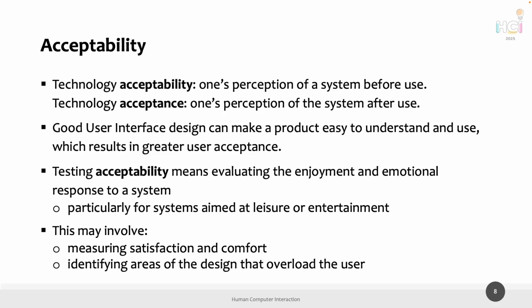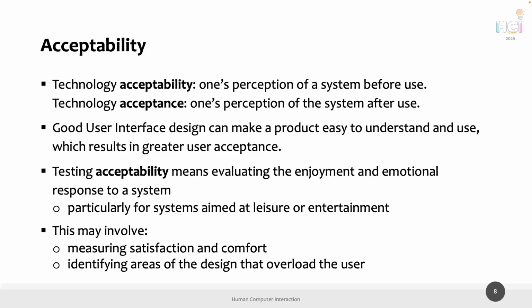So good user interface design can make a product easy to understand and use, and this results in greater user acceptance, of course. And testing acceptability also means evaluating the enjoyment and the emotional response of the user to a system. And this can be measured, for example, with questionnaires. After using the system, I give my perception on different aspects related to this enjoyment and emotional response.